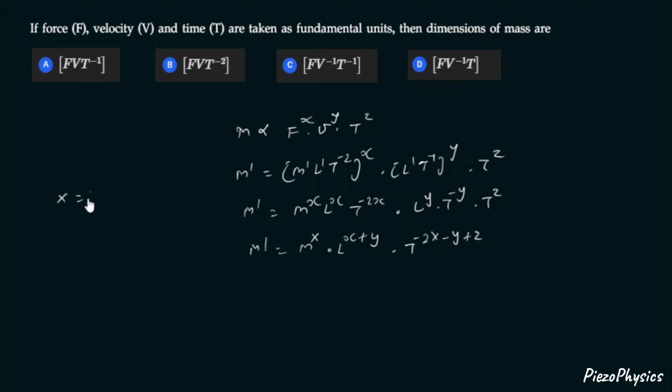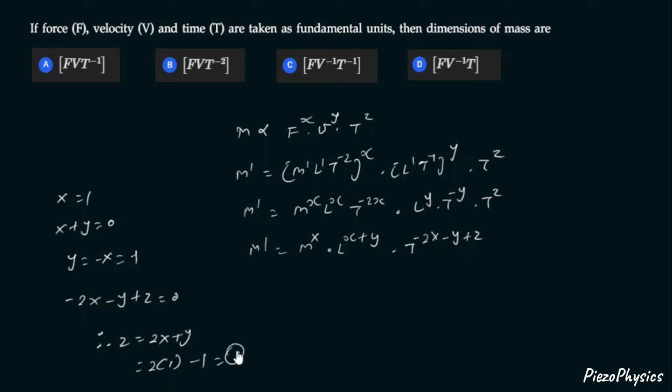So x should be equal to 1. Here x plus y equals 0, so y will be equal to minus x, which is minus 1. Minus 2x minus y plus z equals 0. Therefore z equals 2x plus y. So it is 2 into 1 minus 1, which is again 1. So force power 1, velocity power minus 1 and time power 1. So option D will be correct.